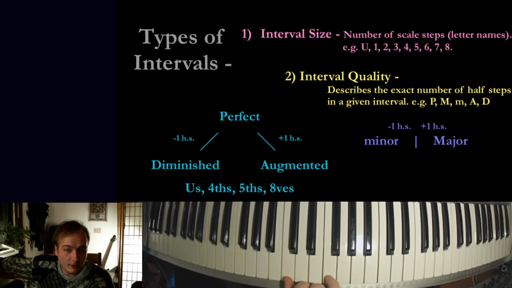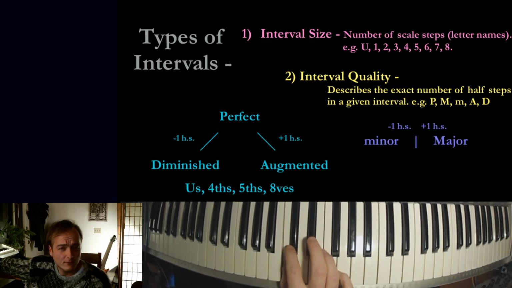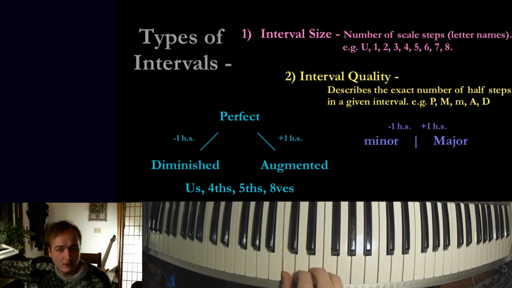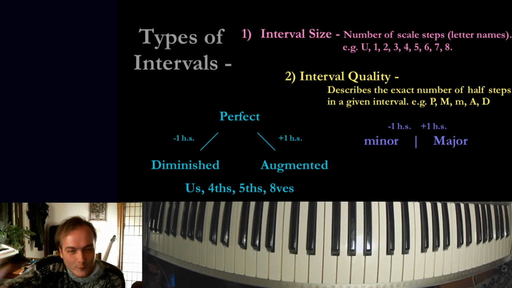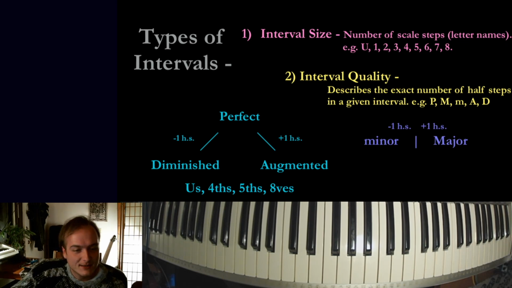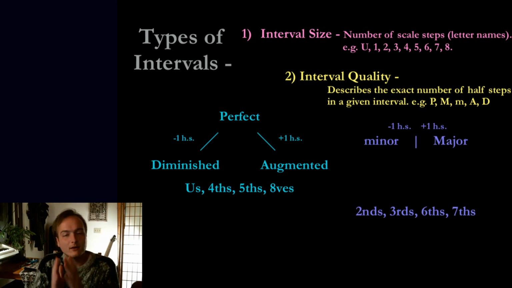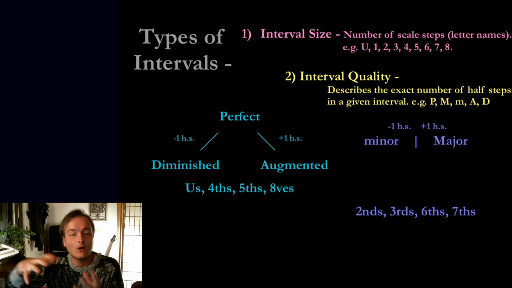Right? So there's the fourth, major third, minor third, major second, minor second, and unison. So you notice there's no room for a perfect third. There's no such thing. As I say, the seconds, the thirds, the sixths, and the sevenths have no middle ground. They're always either major or minor.